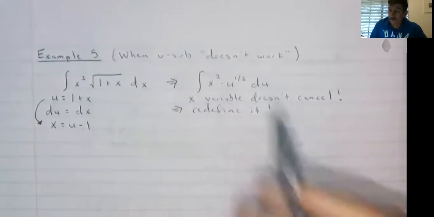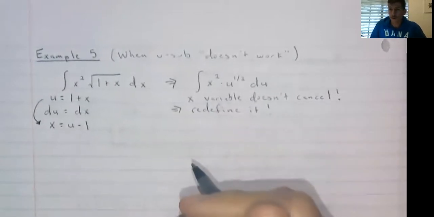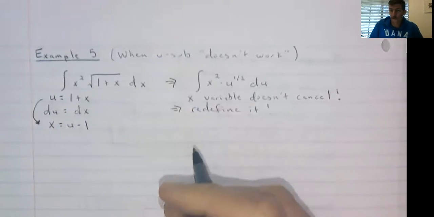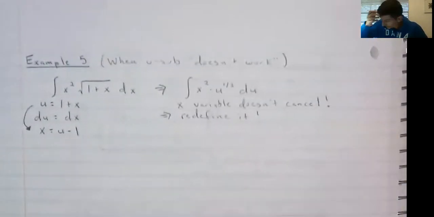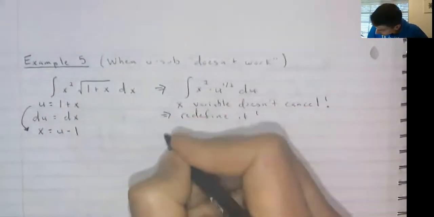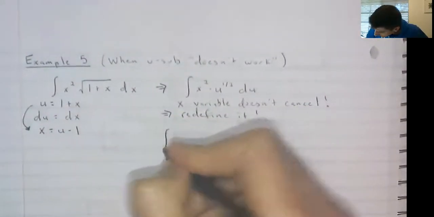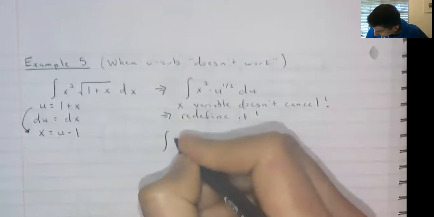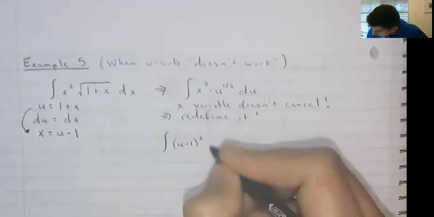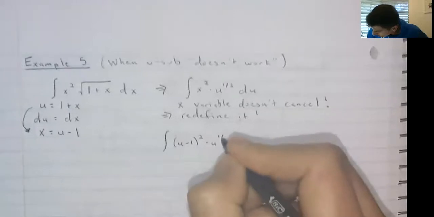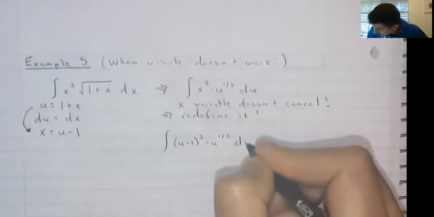So yeah, it will require a little more work. It won't be quite as smooth as we're used to, but it will be something that we can find the antiderivative of. So we're going to write this as not x squared now, but u minus 1 squared times u to the 1/2 du.